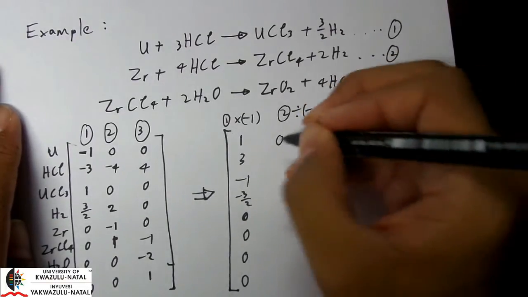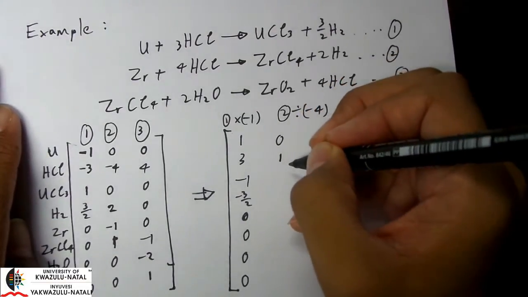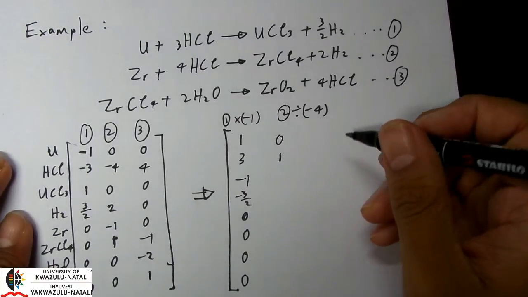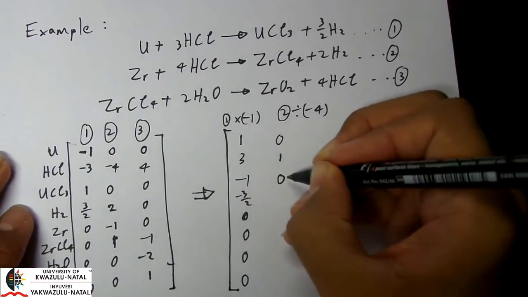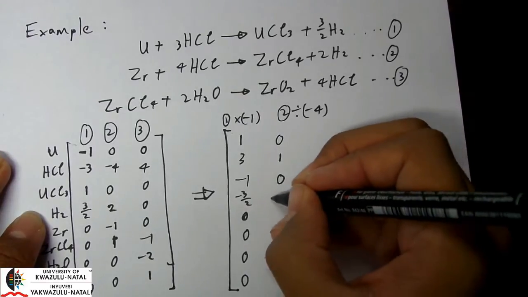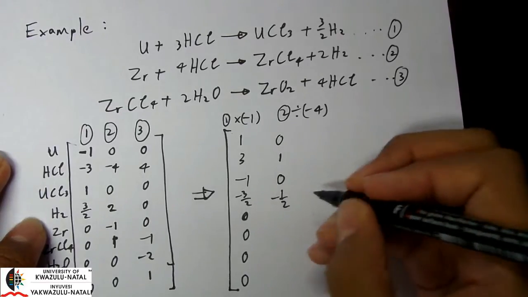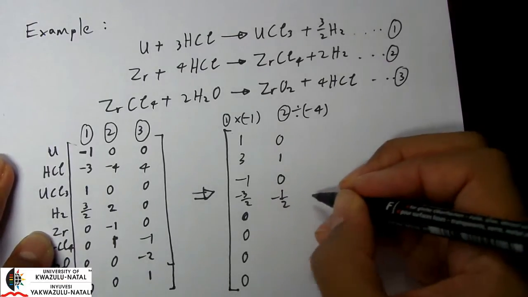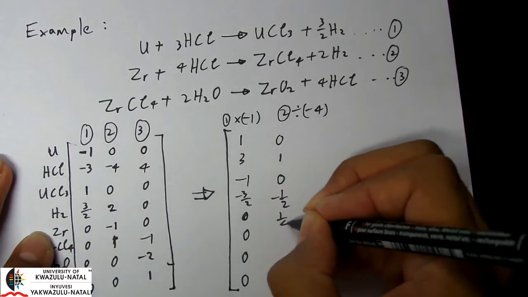Okay, that stays as 0. This is 1. Zero. That will be -1/2. This will be 1/4.